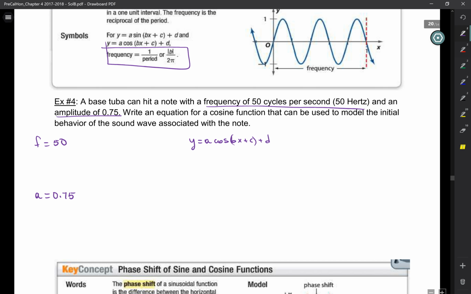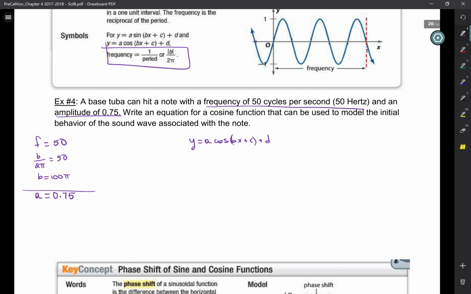Okay? Now, I'm given A explicitly, and from F, which constant can I extract from F? B. Now, frequency is B over 2 pi, and that's 50, right? So how much is B? It's 100 pi, and we can leave it as 100 pi.